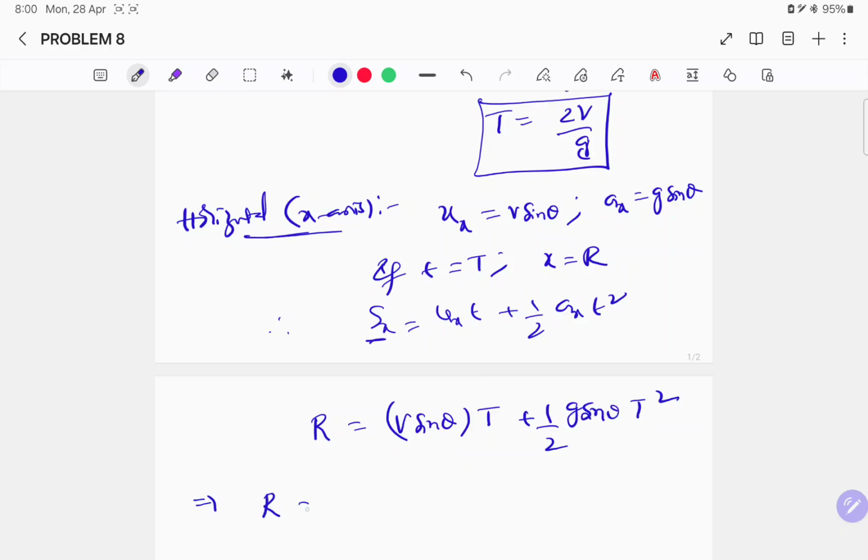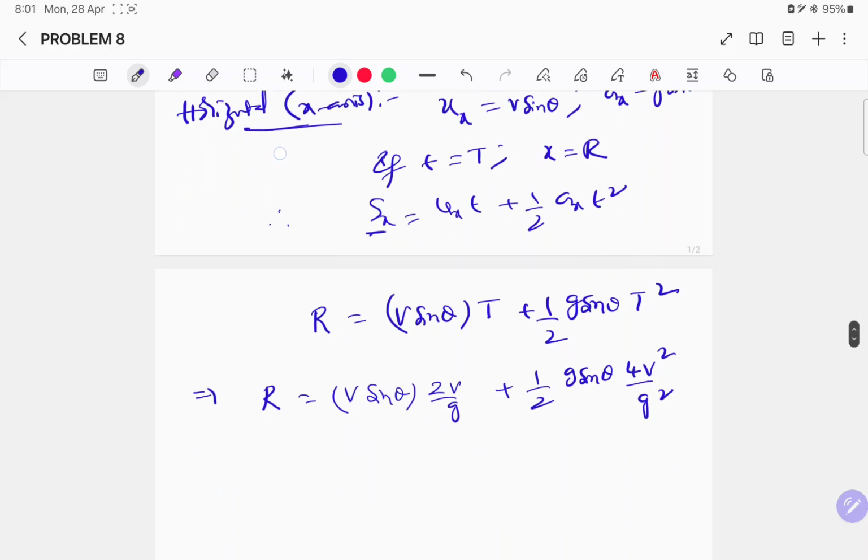So range here is v sin theta into the t value you got just now, 2v by g, isn't it? So 2v by g plus half g sin theta into the same capital T square, so it will become 4v square by g square, right?